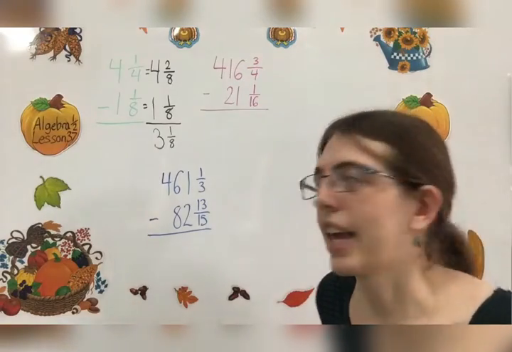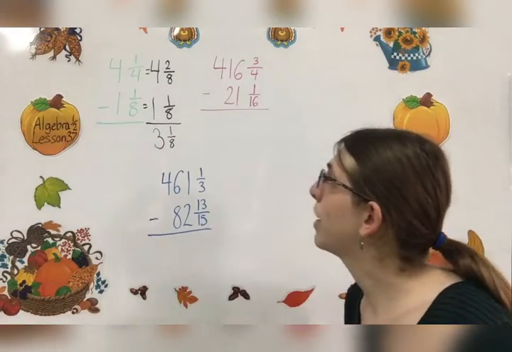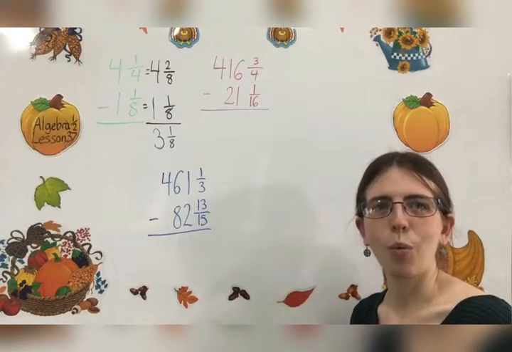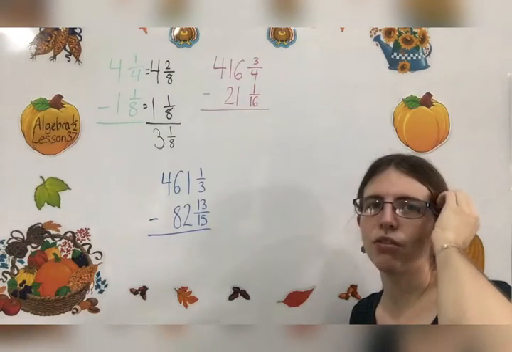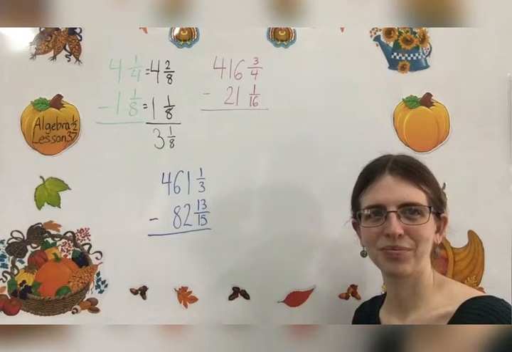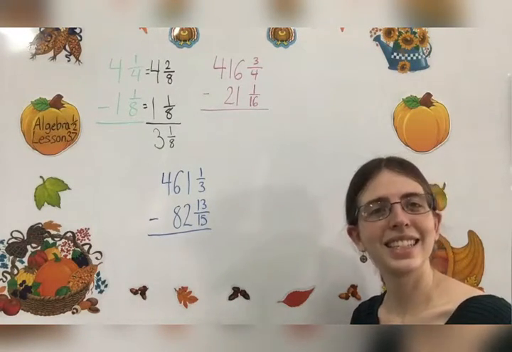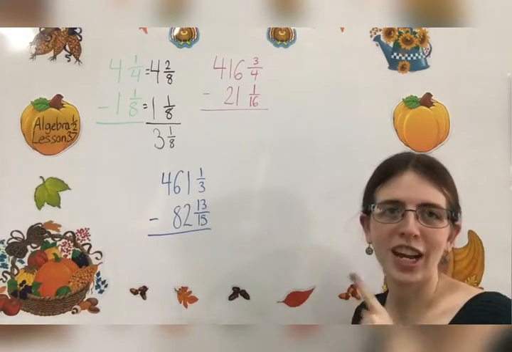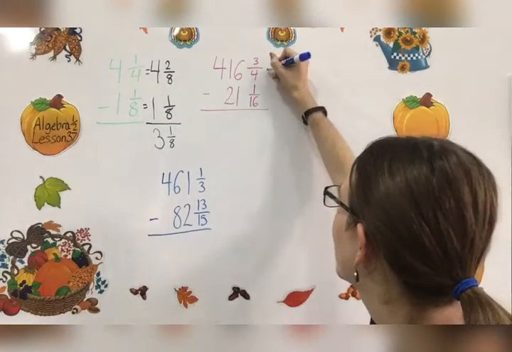416 and 3/4 minus 21 and 1/16. Okay. What is the least common denominator for 4 and 16? 16, very, very good. So once again, my bottom number won't change, but my top number will. My top denominator, that is.